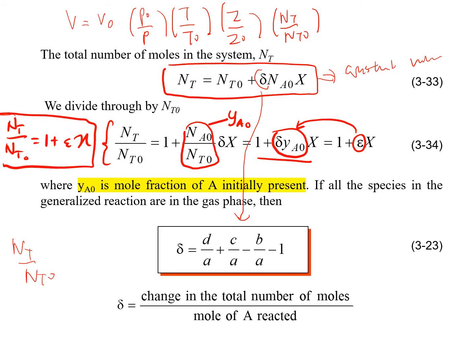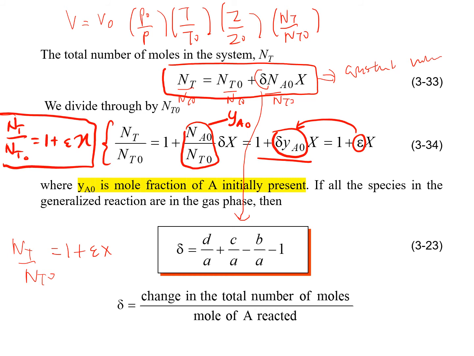Okay, so this one actually N T over N T naught is 1 plus epsilon X. Okay, so from here, we want to divide it with the N T naught for each of the values here. So you will have N T over N T naught, and this one is over N T naught here.